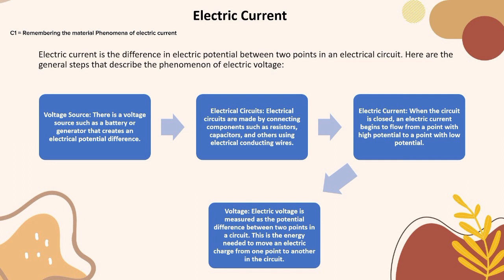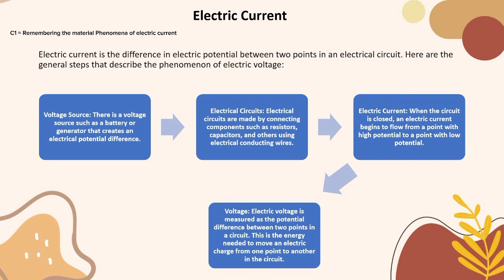Electric circuits: electrical circuits are made by connecting components such as resistors, capacitors, and others using connecting wires. Electric current: when the circuit is closed, an electric current begins to flow from a point with high potential to a point with low potential.